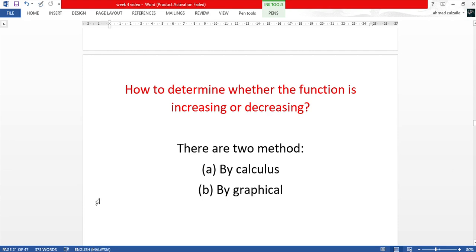For graphical, you have to sketch, or the graph is given in the question. Usually in the exam we provide the graph, so don't worry about that. You just identify the range of x that gives your function increasing or decreasing. That is an example of an exam question.